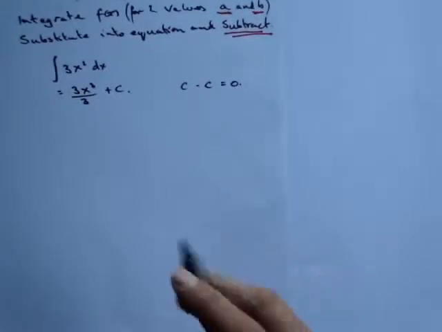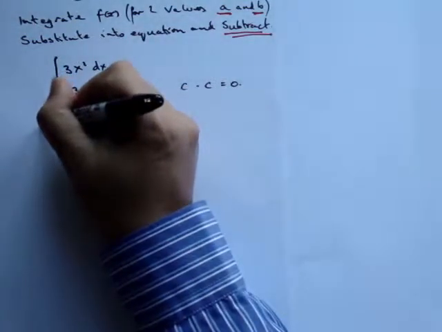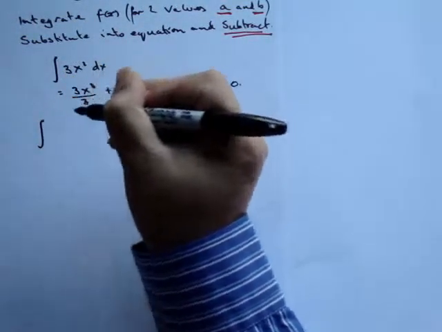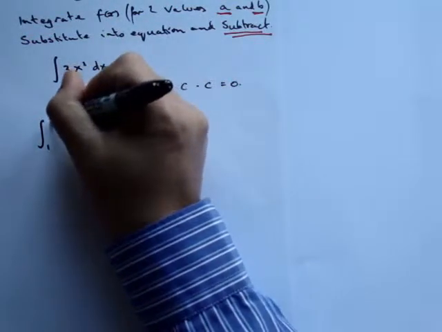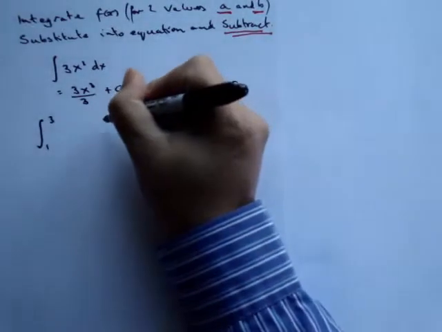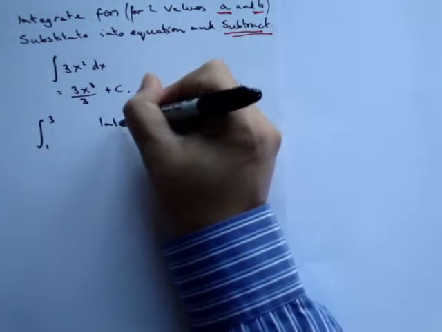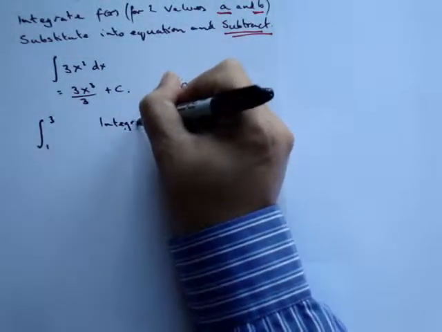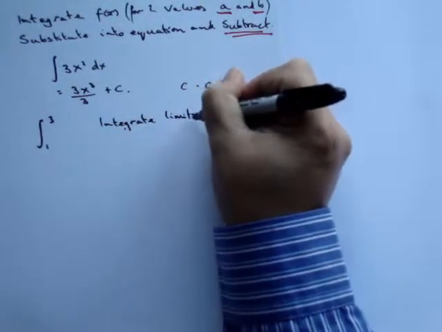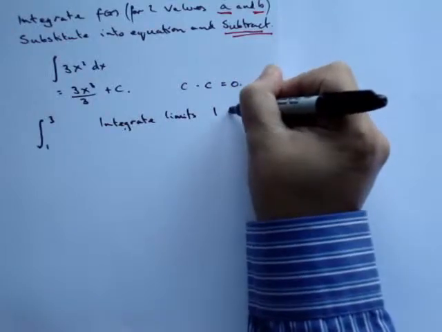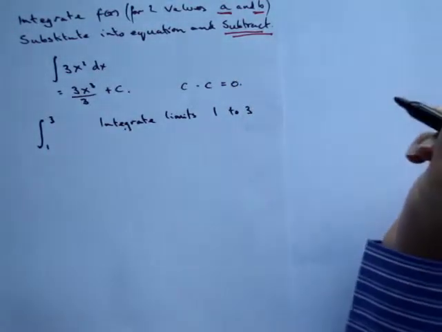So let's have a look here. We're going to write a definite integral with the limits between 1 to 3. So we integrate, limits 1 to 3.